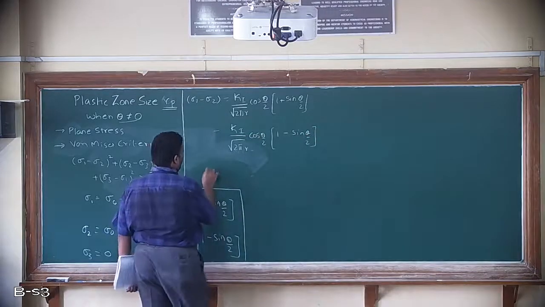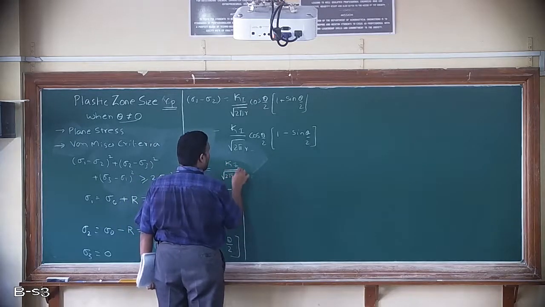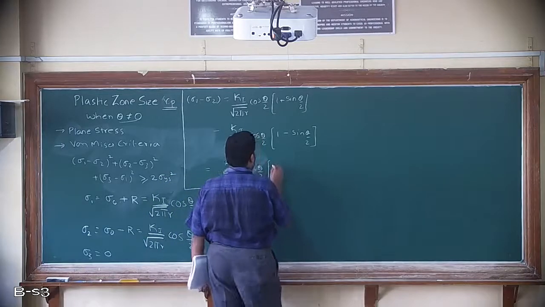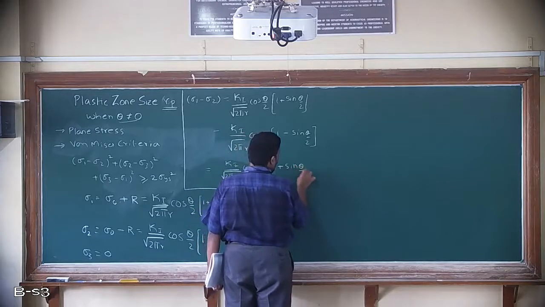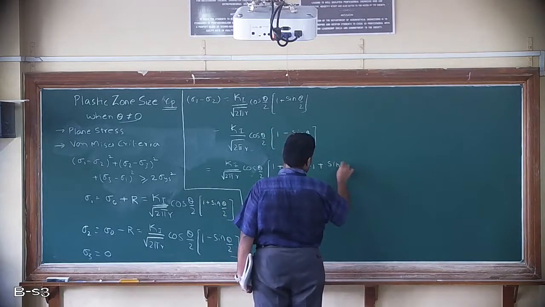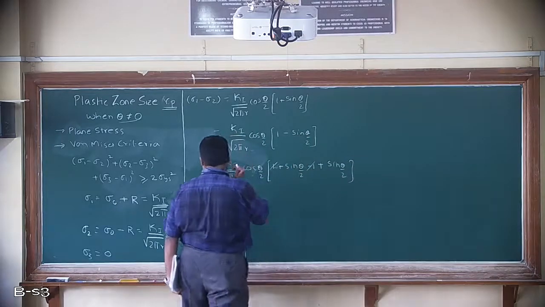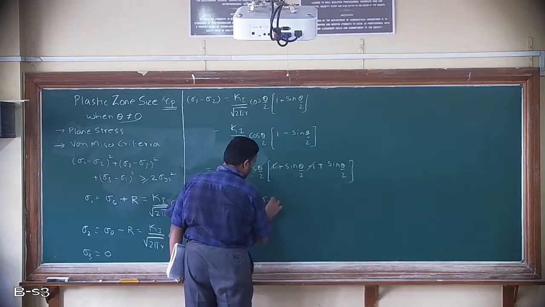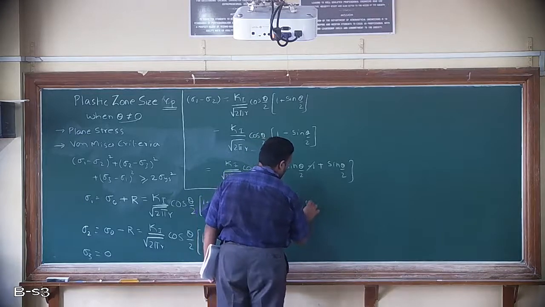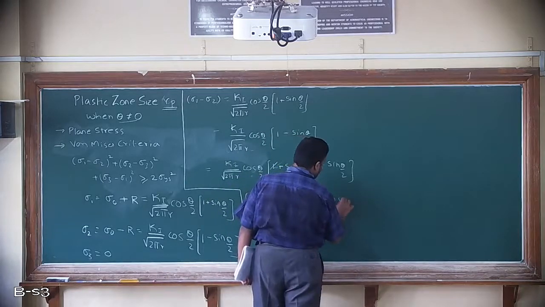Simplifying this, we get K_I upon root of 2 pi r into cos theta by 2 into (1 plus sin theta by 2 minus 1, and minus into minus is plus sin theta by 2). So plus 1 and minus 1 get cancelled here. Ultimately sigma 1 minus sigma 2 will be K_I upon root of 2 pi r into cos theta by 2 into 2 sin theta by 2.